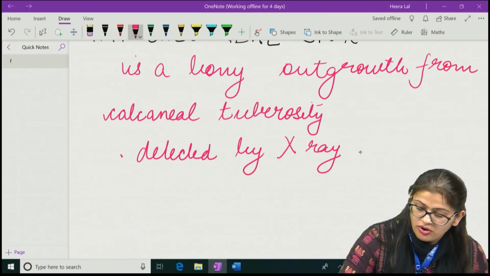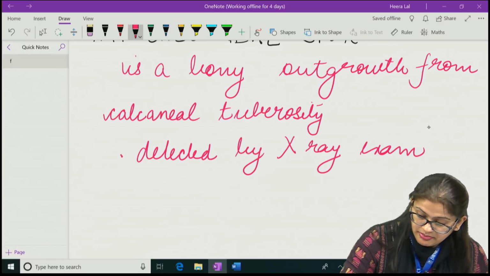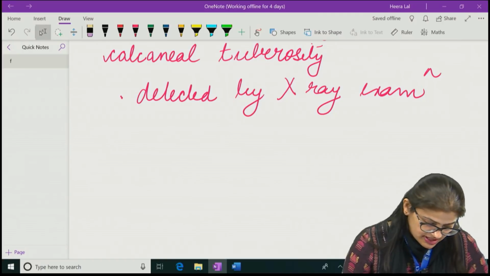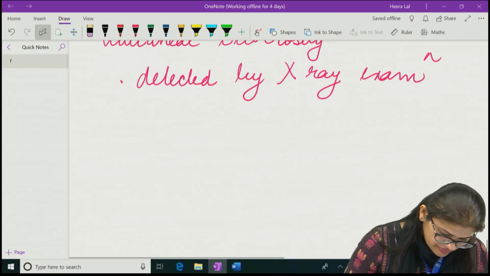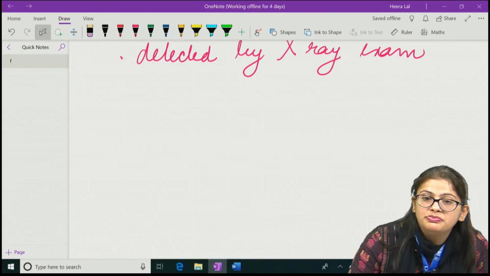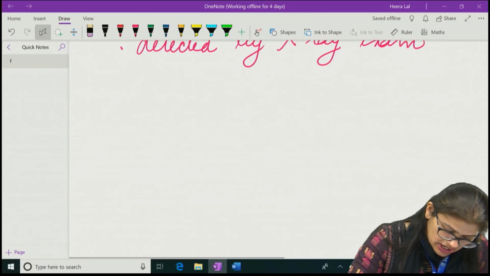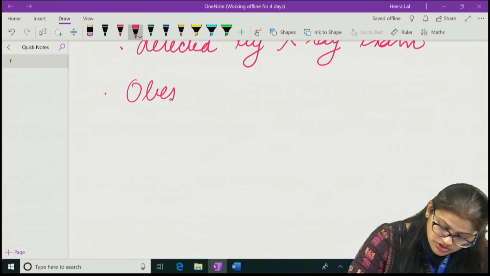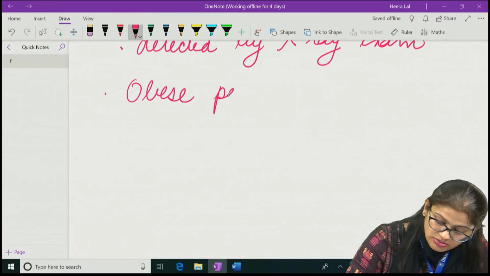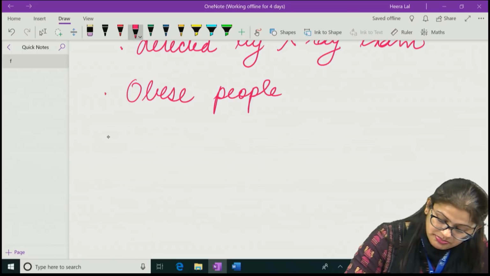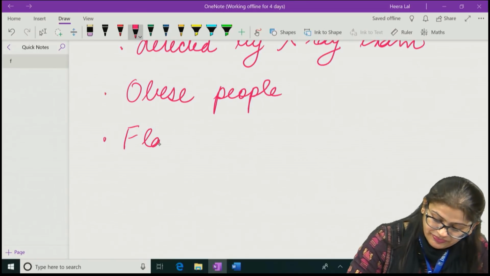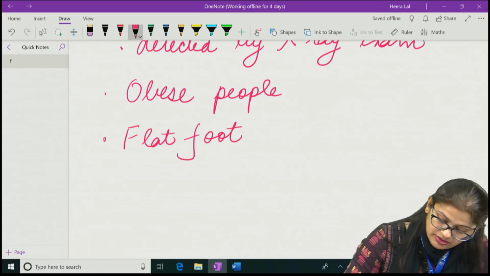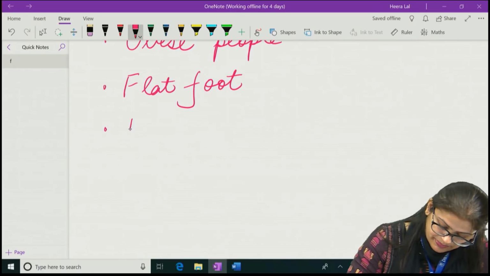These are very common in obese people, people who wear high-heeled shoes on a constant basis, and even people who are flat-footed. Apart from that, they are also seen in certain inflammatory disorders as well.